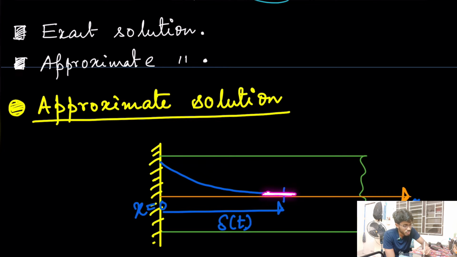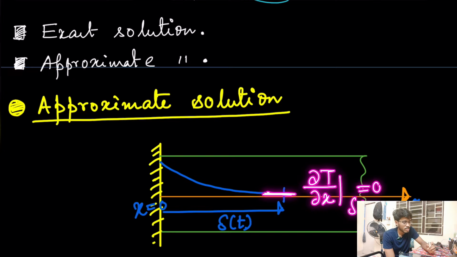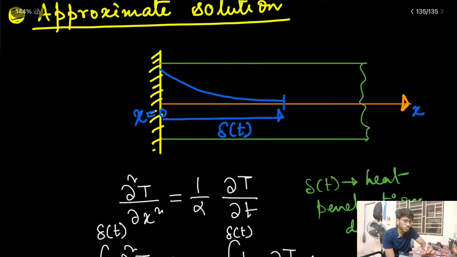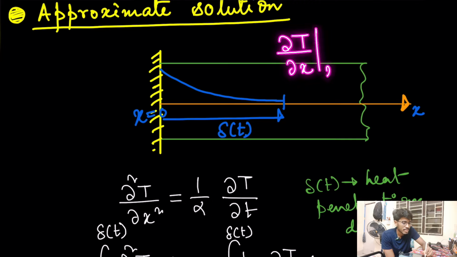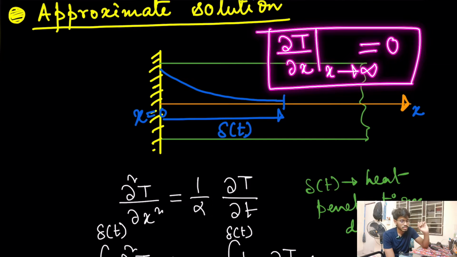See, this slope is 0. So del T del x at delta t is 0. Clear? It is not necessary that it must be the case. Ideally this should be the case, that del T del x at x tending to infinity is equal to 0.